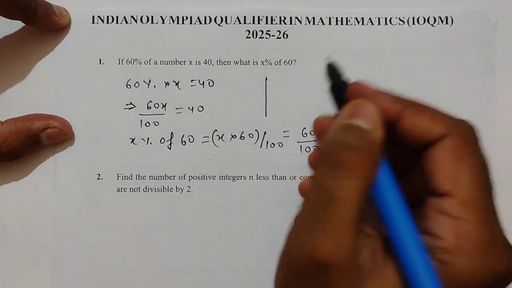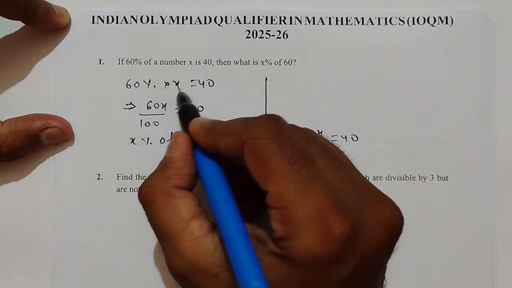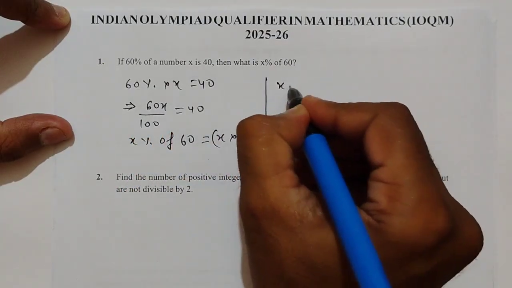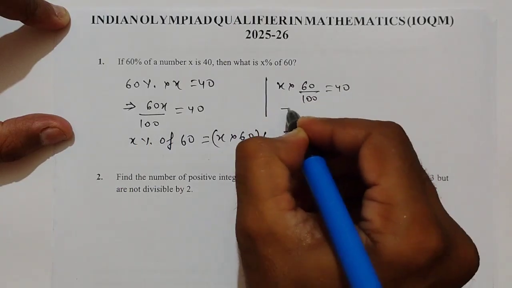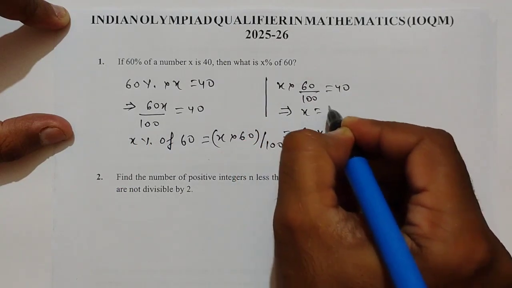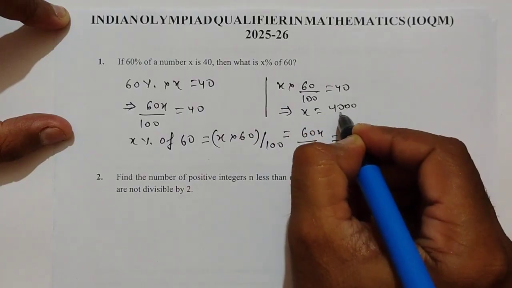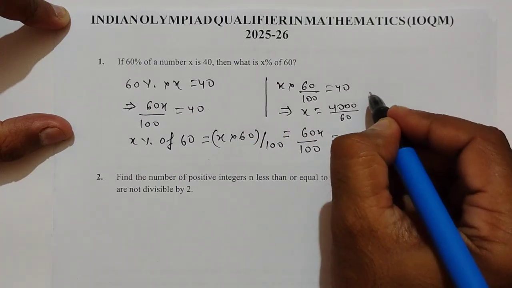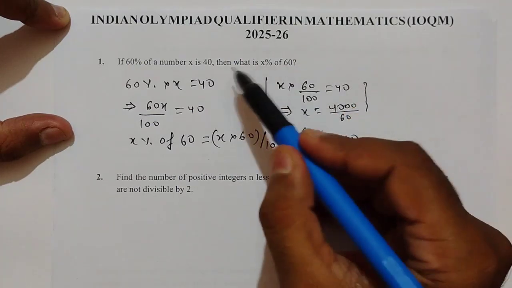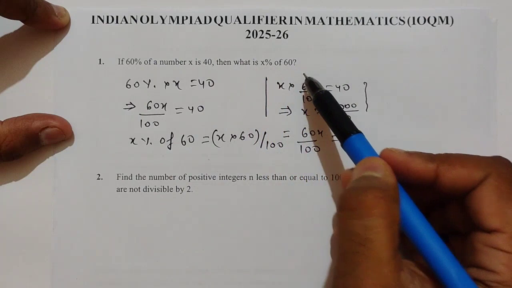We can also solve this as follows. If 60% of x is 40, it means x into 60 by 100 is equal to 40. So we have x equal to 4000 by 60, and it is given that we need x percent of 60.